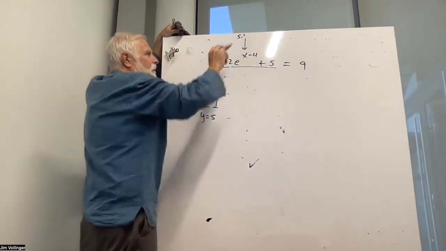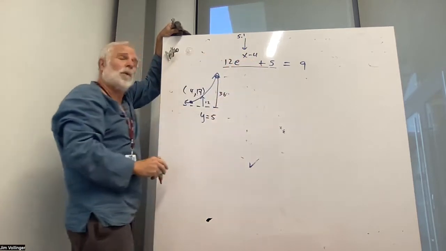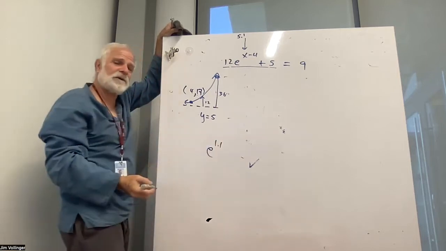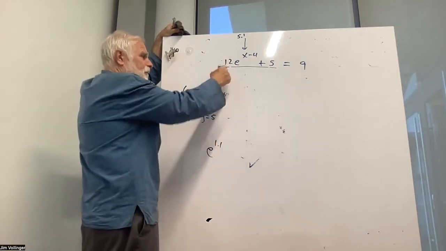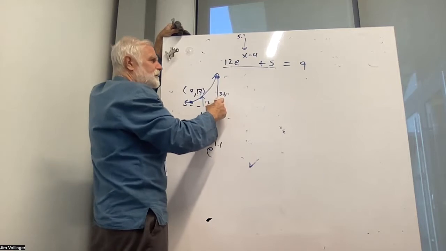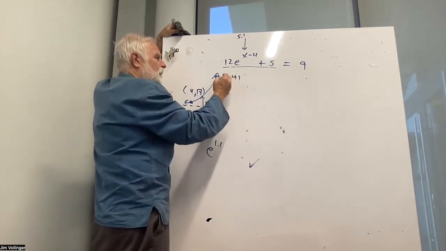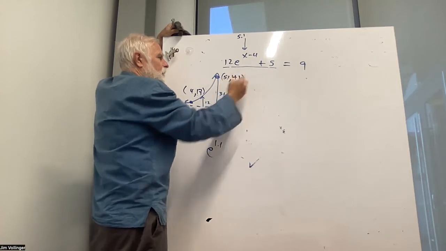That's what I want, I think. 5.1 minus 4 is 1.1. I know what e to the 1.1 is. It's approximately 3. That's why I did 36. 3 times 12 is 36. And 5 is 41. So this is a height of 41, and that comes from 5.1.